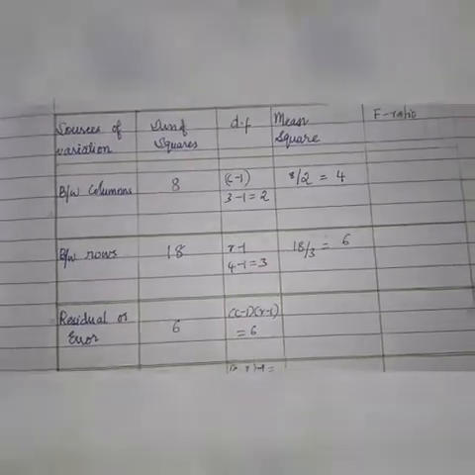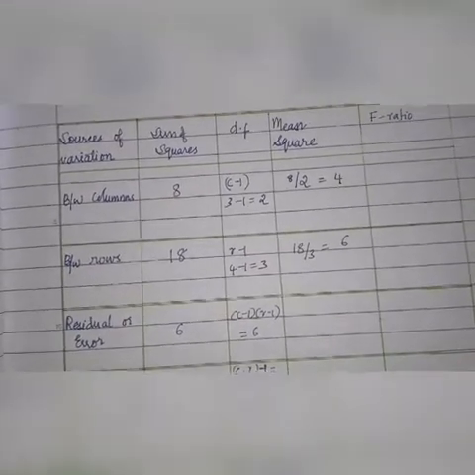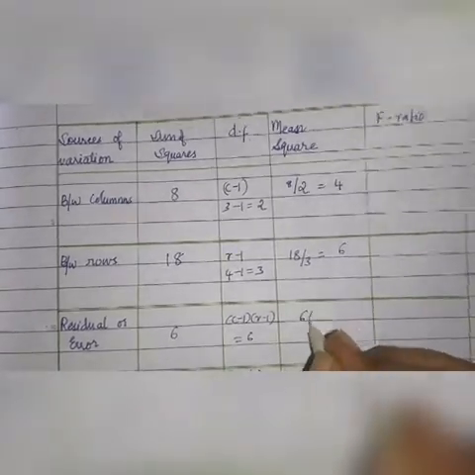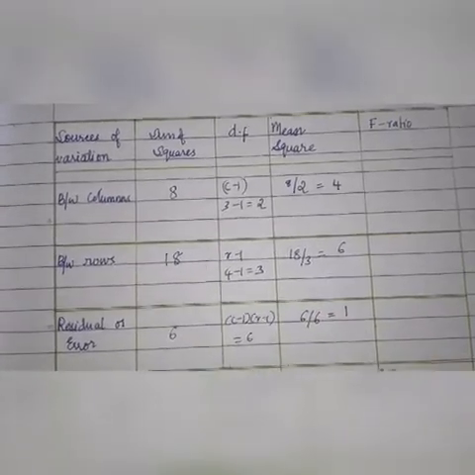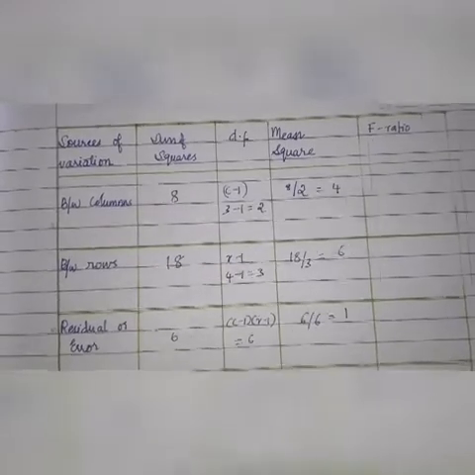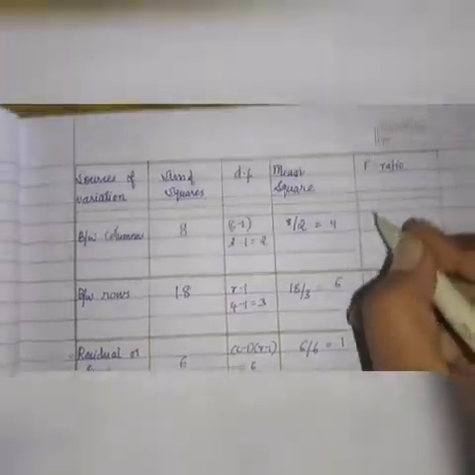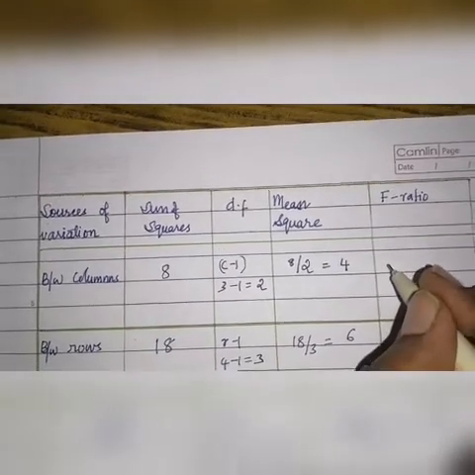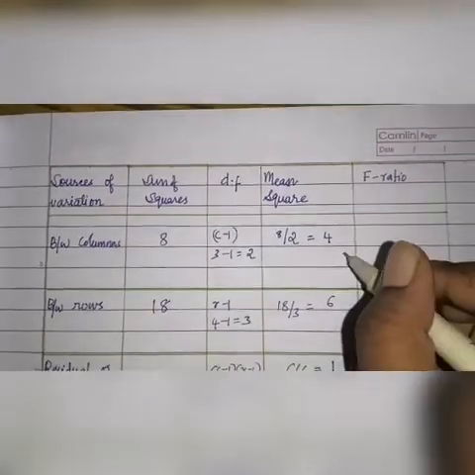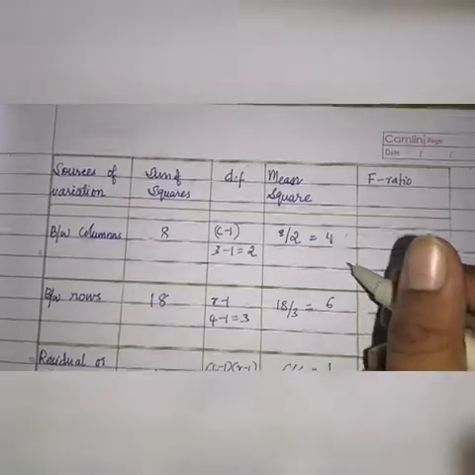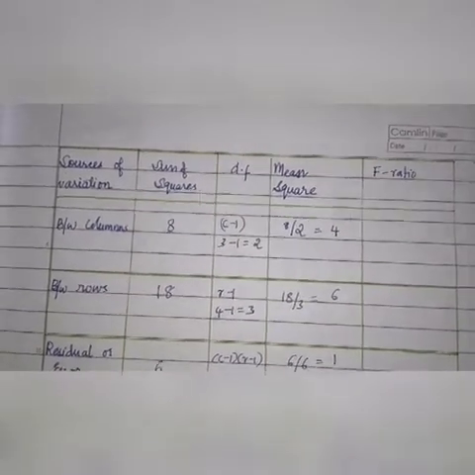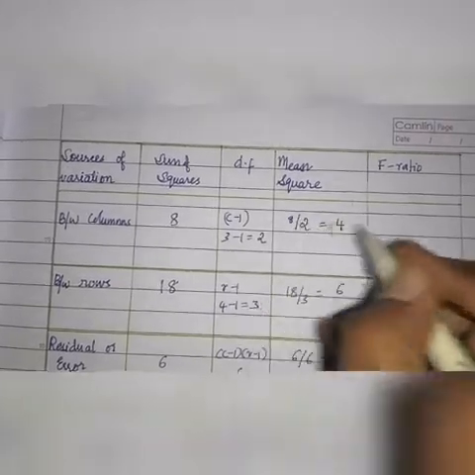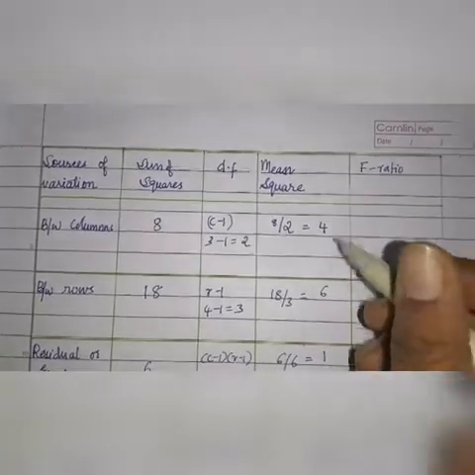Okay, now this is 6 by 6, which is equal to 1. Okay, so these things are done. Now the F ratio for the first, between the columns, we have mean square by the residual.